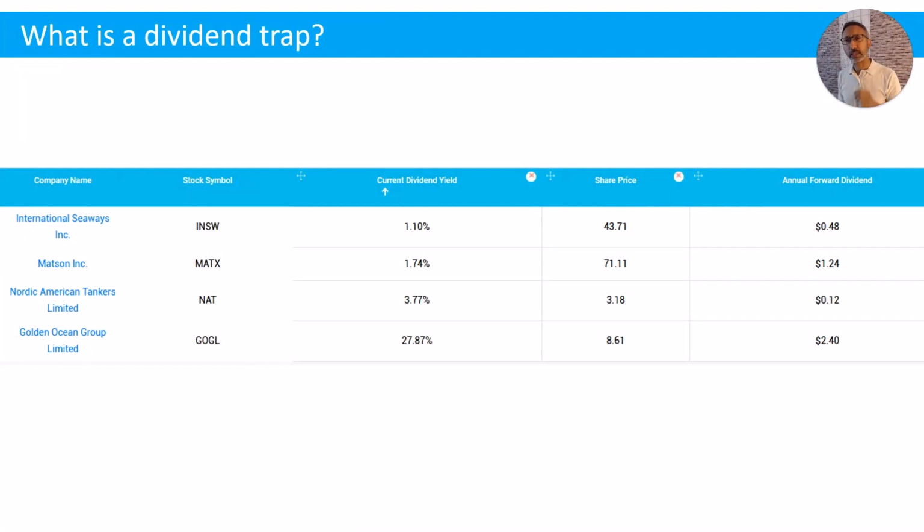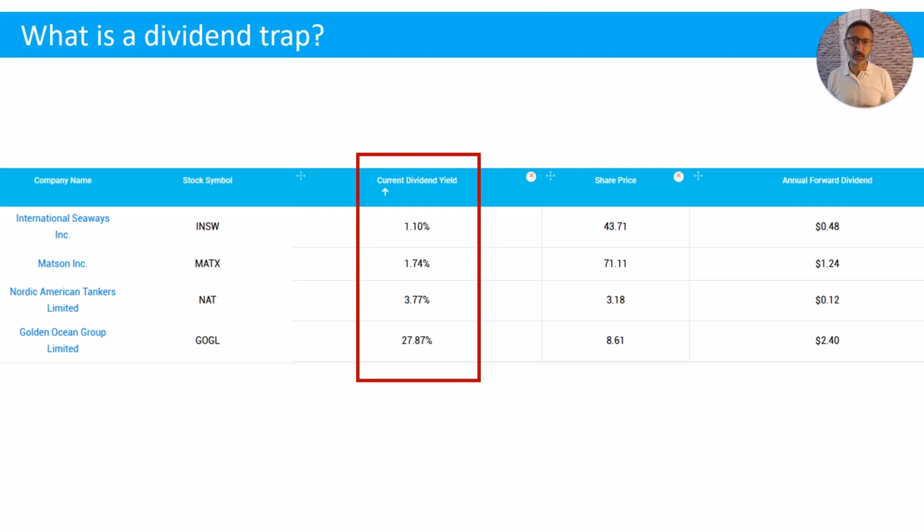If you take a look at our column for current dividend yield right here, you can see the first company has a yield of 1.1%. Second one has a yield of 1.7%. The third one on the list is 3.7%. And then we have a company at the bottom of the list, Golden Ocean Group, at a yield of 27.8%.